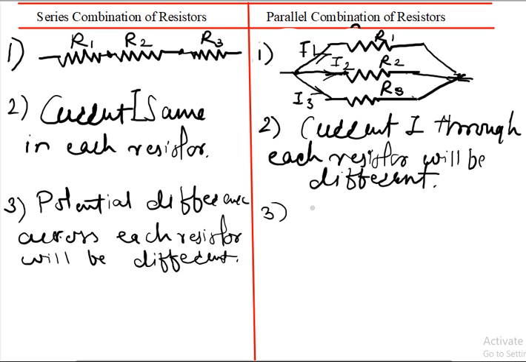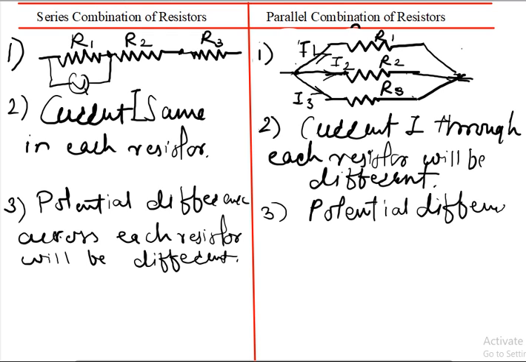But in parallel, the potential difference will be the same across each resistor, because if you connect the voltmeter between the two points, the potential difference will be the same. But if you connect a voltmeter across each resistor in series, the voltmeter will show a different reading. So in a parallel combination, the potential difference is the same across each resistor.